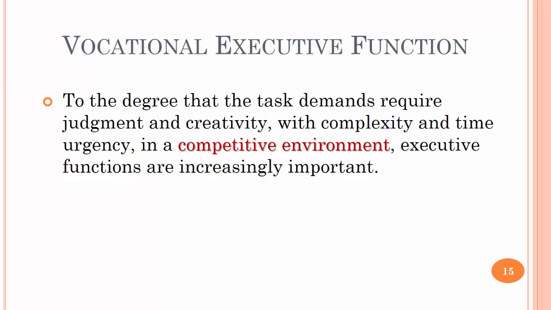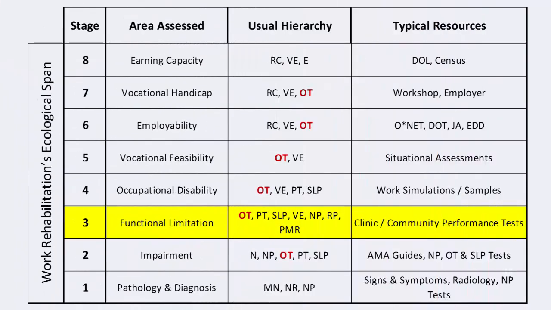We must respect the competitive work environment. The client respects and sometimes fears the competitive work environment. We've got to be able to evaluate our client's ability to handle the rigors of that type of employment. So with this in mind, let's return to the ecological span of work rehabilitation and take a look at where occupational therapists provide leadership. Occupational therapists provide team leadership as the team evaluates the client's functional limitations.